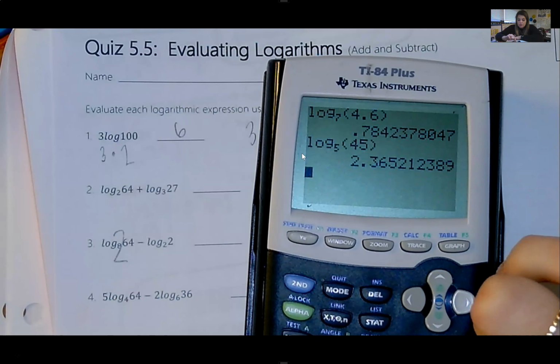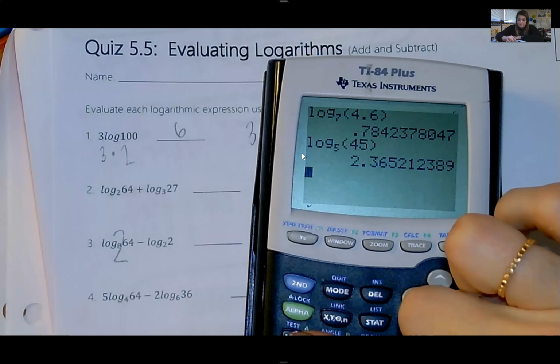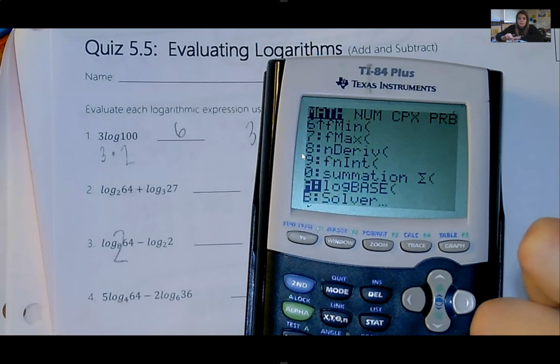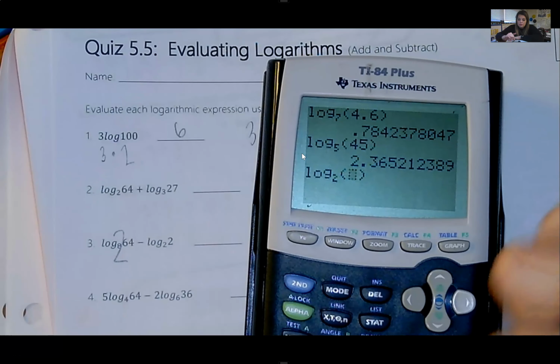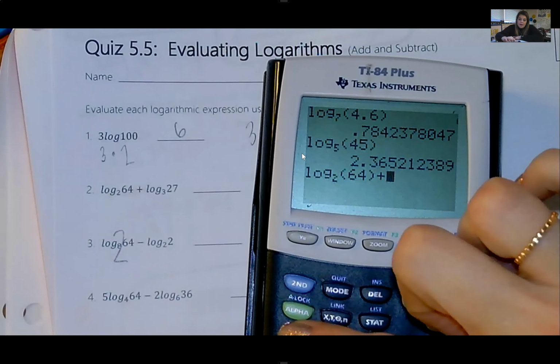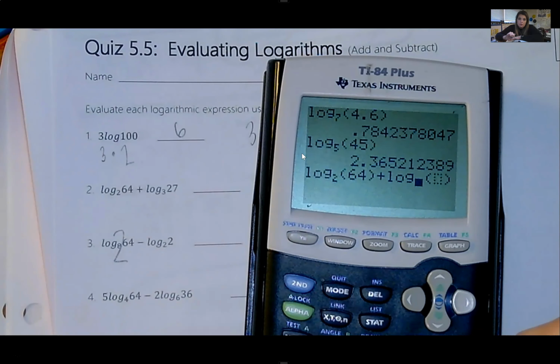To enter number 2, you would hit Math, up, up, enter, log base 2 of 64, arrow out of the parenthesis, plus Math, up, up, log base 2 of 2.